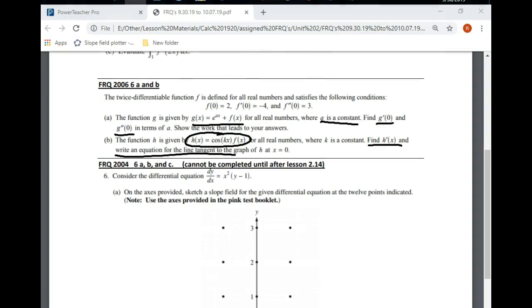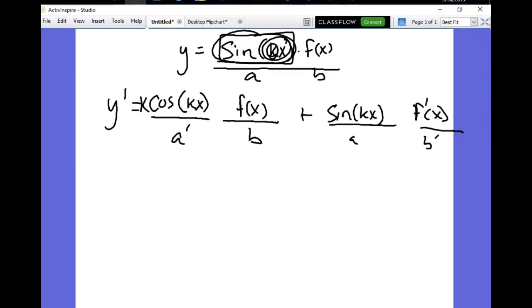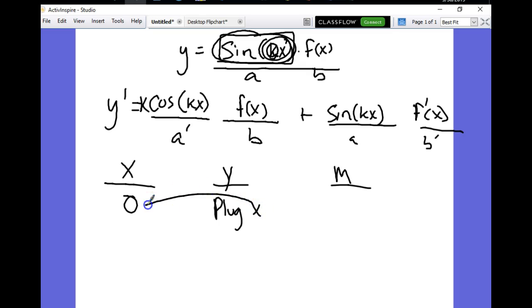The next thing they want you to do is find the tangent line at x equals 0. Well, how do you find a tangent line? Well, you need an x value, which they gave you at 0. Then you need a y value, and then you need your slope, right? Well, to get your y value, you plug the x value into the original equation.